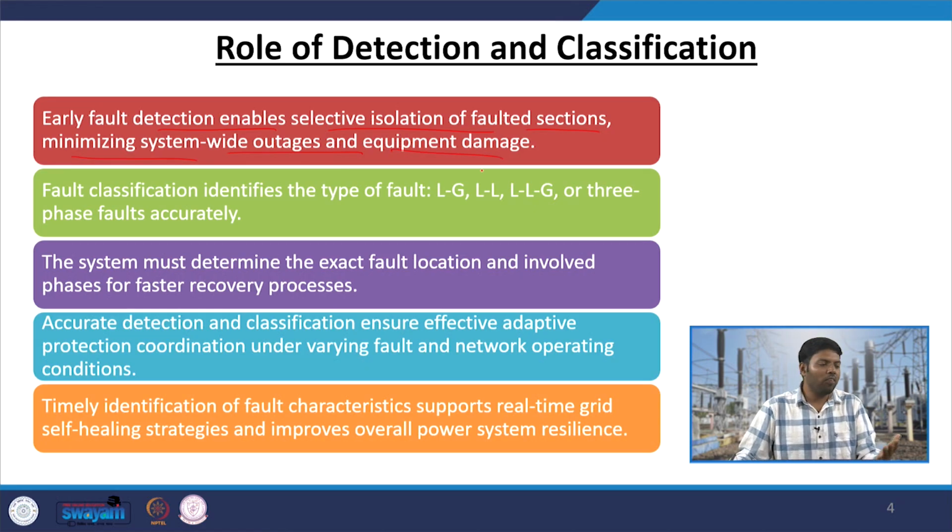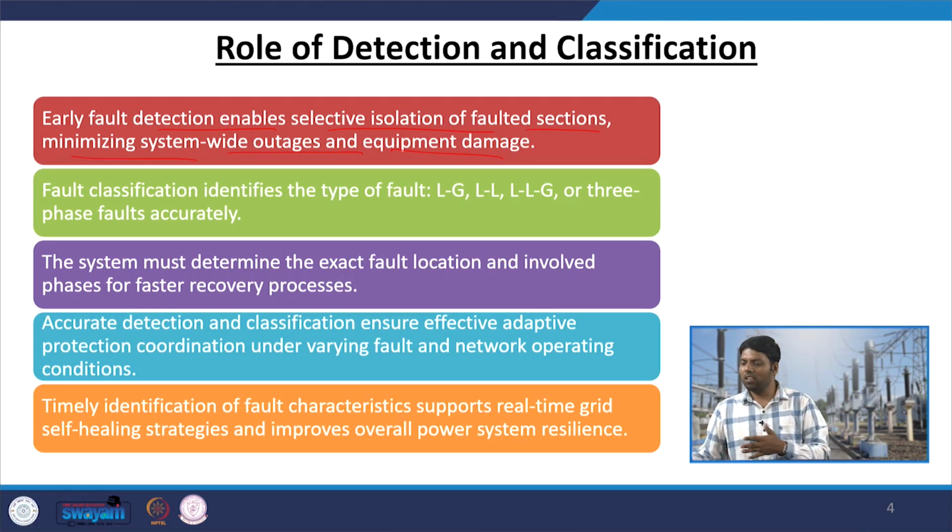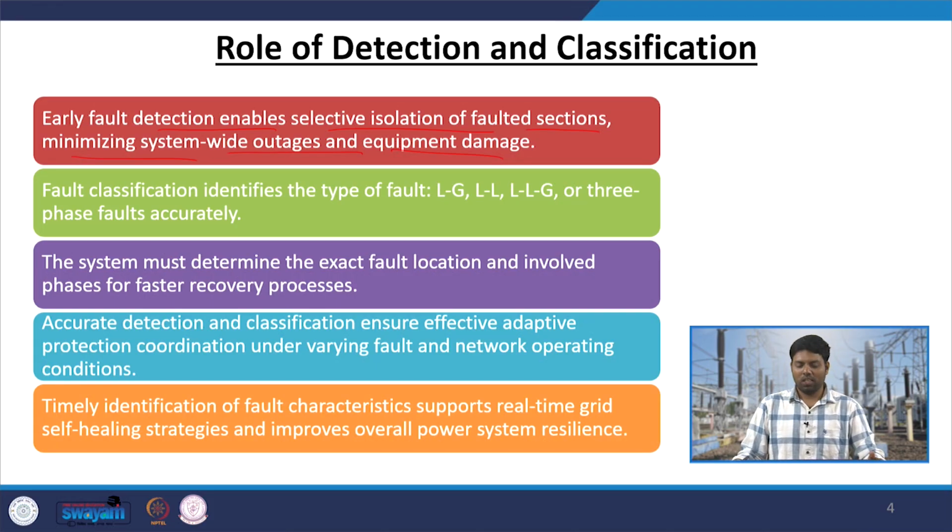So, if you can do early fault detection, when the fault has just started, within a few milliseconds, you can isolate the healthy portion from that fault, and then you can safeguard all the equipment inside those healthy portions. Otherwise, the fault will persist, then that will cause cascaded effects in the network, and the faulted section will increase, and then the healthy section will also collapse because of the faults.